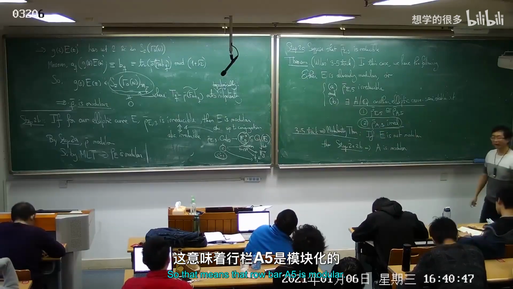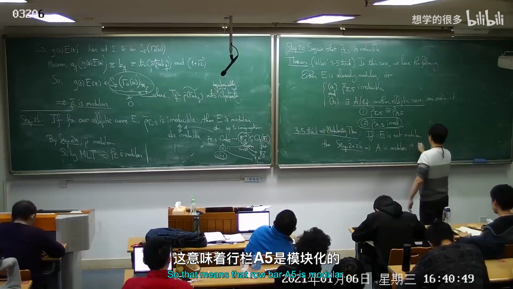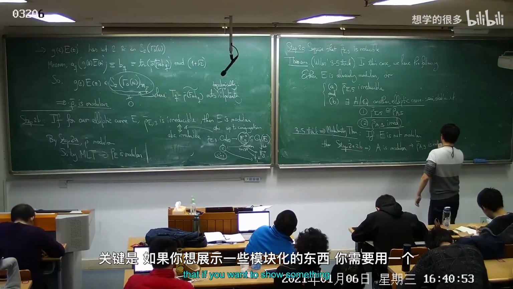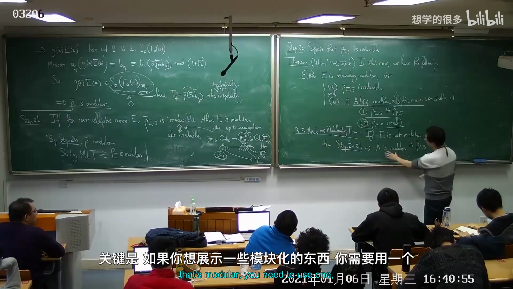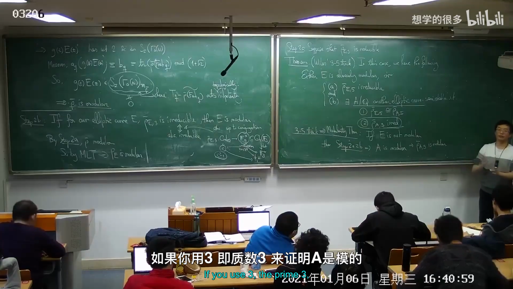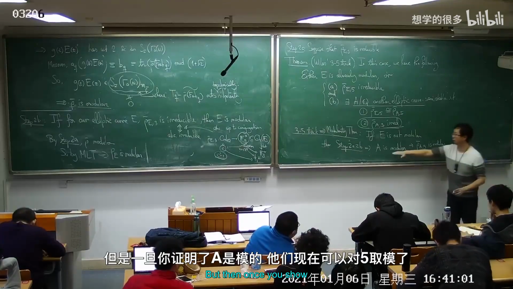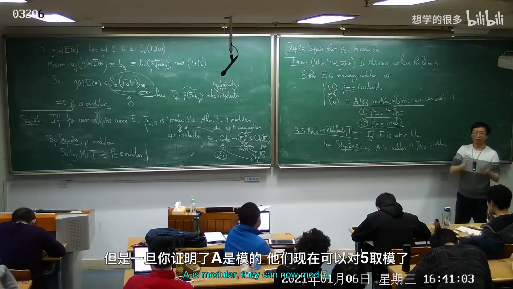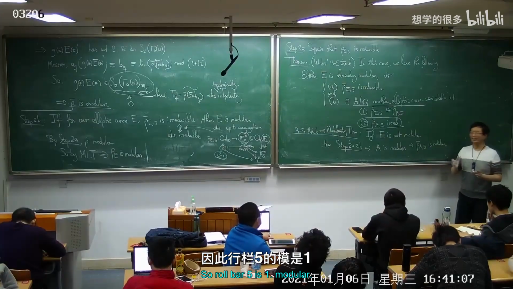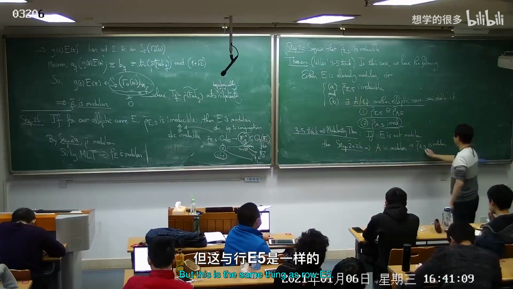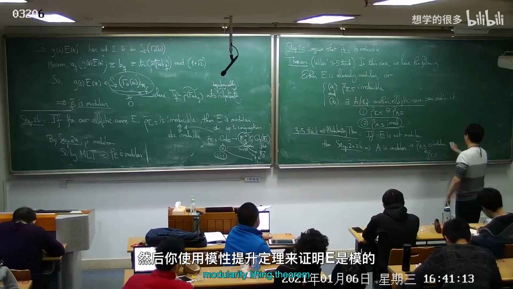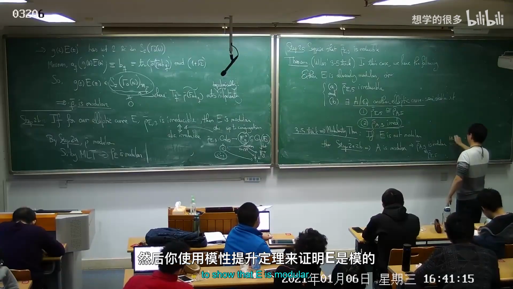That means that rho bar A5 is modular. The point is that if you want to show something is modular, you need to use one prime to do that. You use the prime 3 to show that A is modular. But once you show A is modular, we can now go mod 5. So rho bar 5 is modular, but this is the same thing as rho bar E5. And then you use the modularity lifting theorem to show that E is modular.